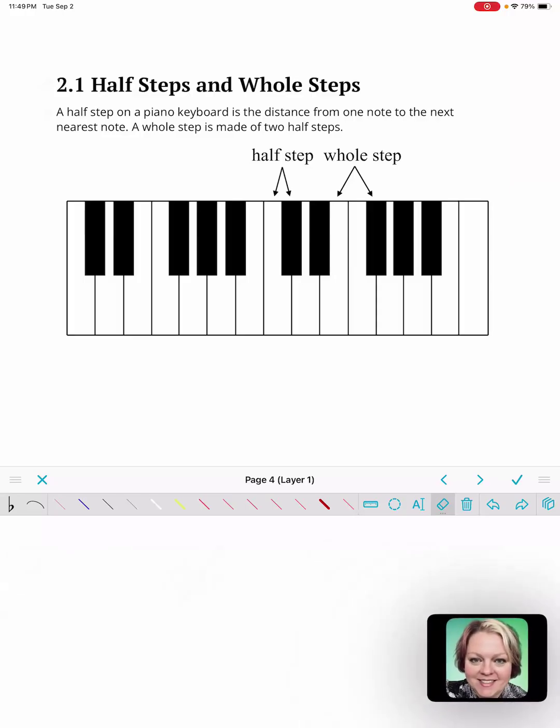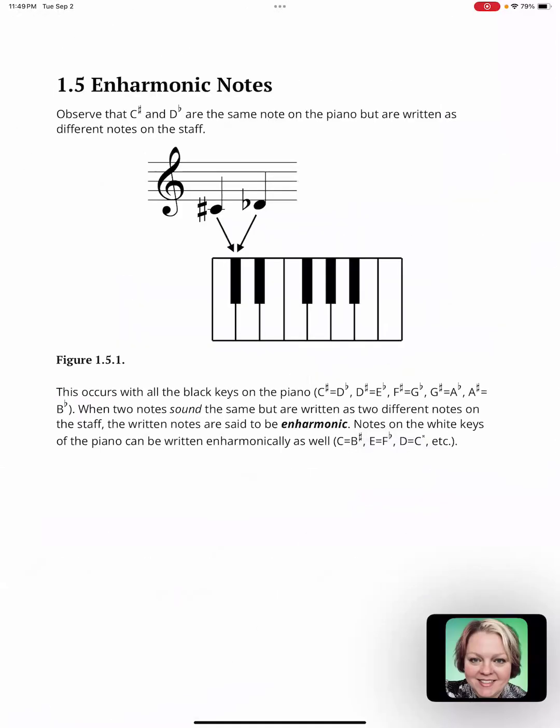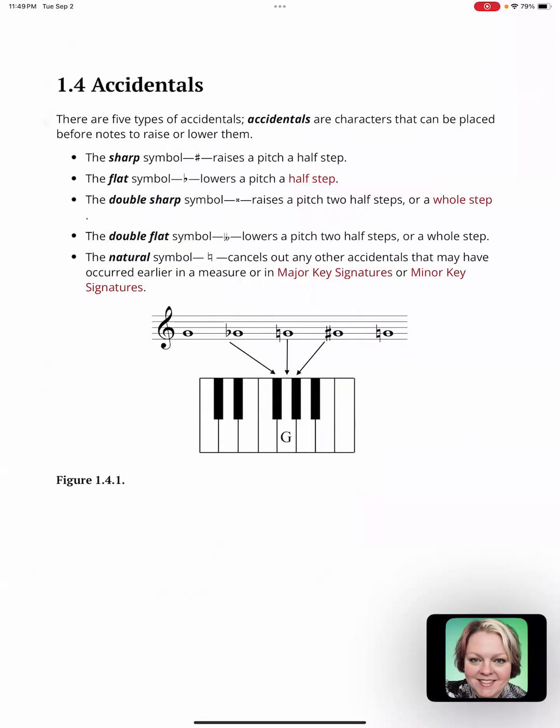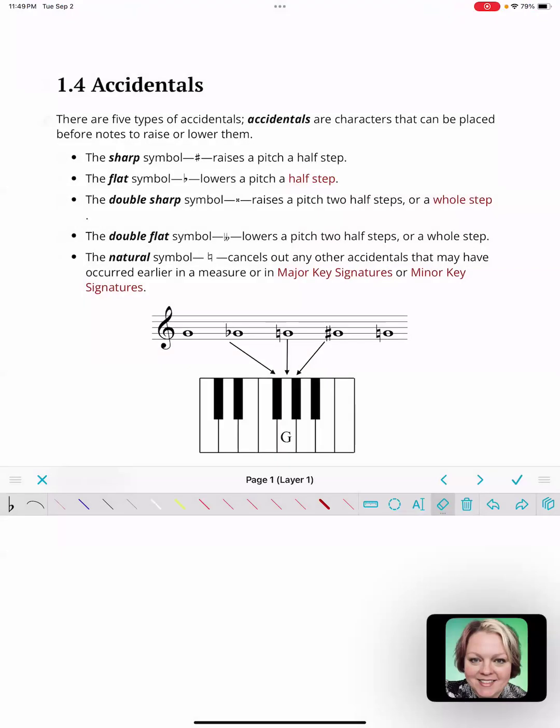So I am now going to go back to 1.4. So we get that sharp symbol. It tells us there that it raises a pitch a half step. The example that they use at the bottom of the page is G. So pull my pen back up.